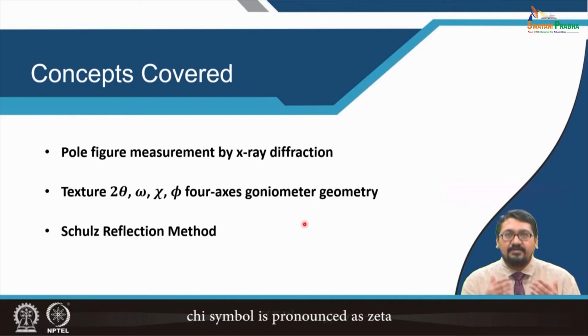Of course, the K alpha radiation's intensity is also reduced, but the ratio of K alpha to K beta radiation is increased to obtain a proper characteristic radiation, and this characteristic radiation can be utilized for diffraction purposes.